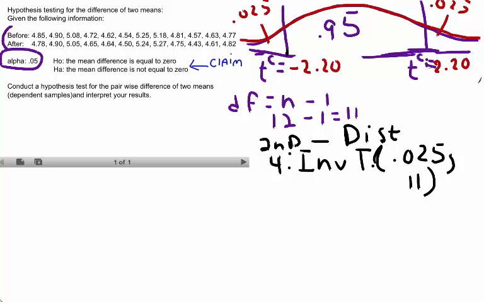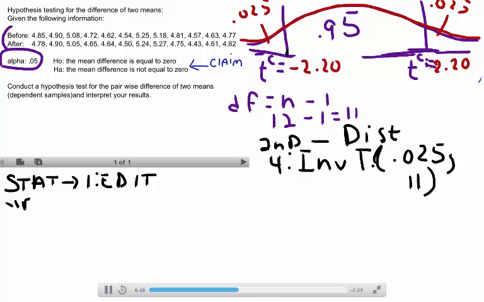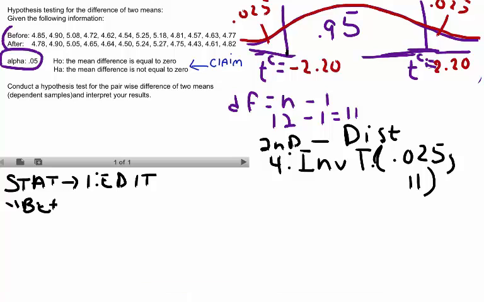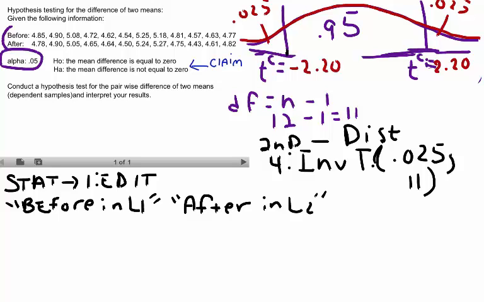To do this, we'll press the Stat button, select option 1 for edit, put your before values into L1, and your after values in L2. And I'll show you a screenshot of what this should look like.